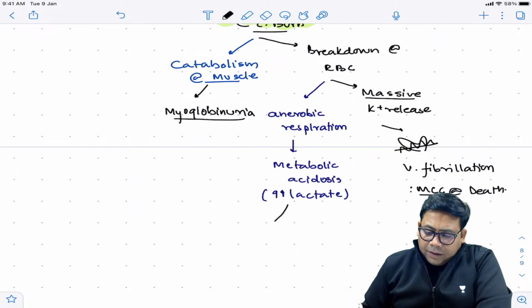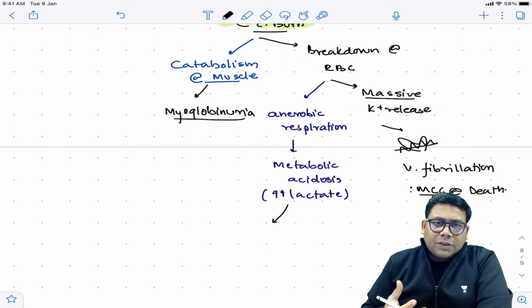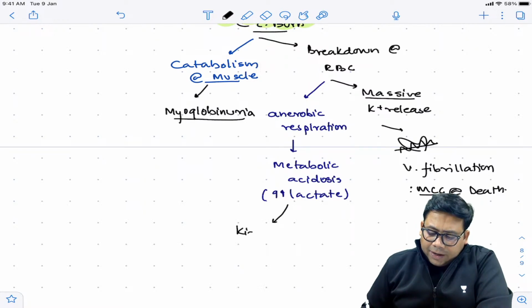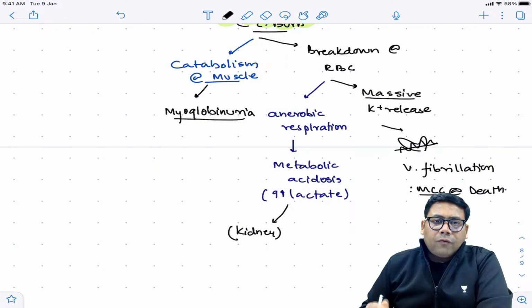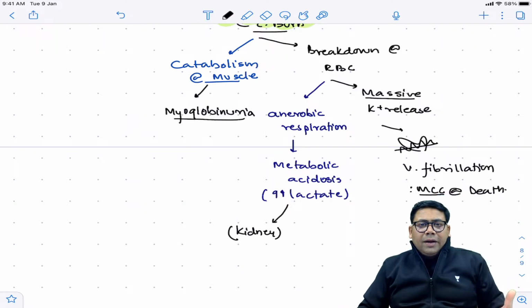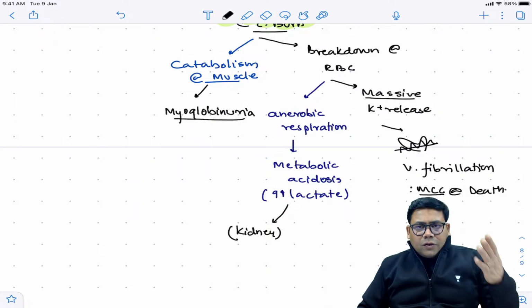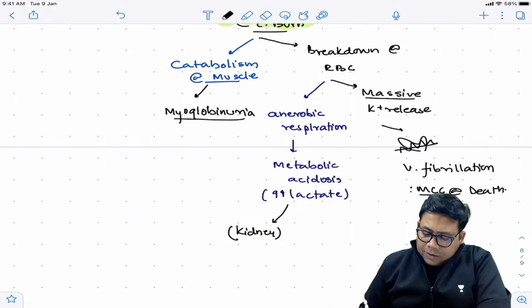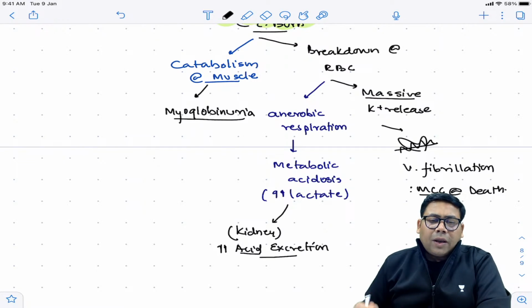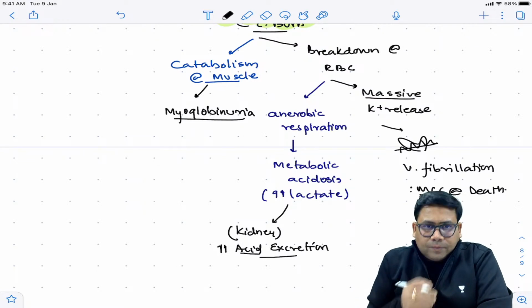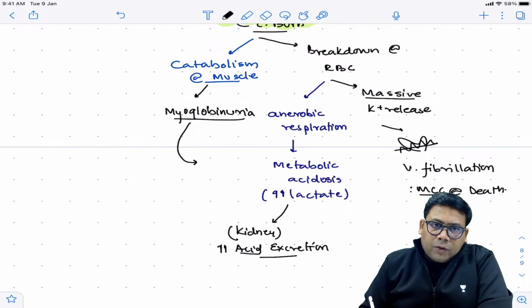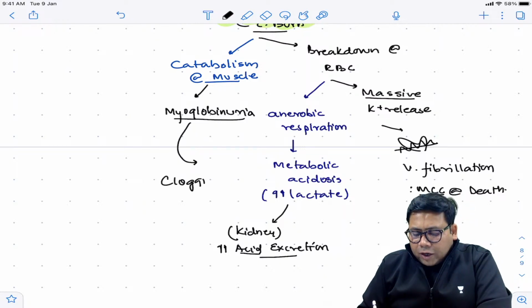Do you know that in order to overcome this acidosis, the kidneys excrete more and more of what? Acid from the body. Kidneys always have a buffer action. So if it is a state of acidosis, there will be increased acid excretion from the body, so that you can buffer off the state of acidosis. Now, do you know this myoglobinuria is going to cause clogging of renal tubules with myoglobin?